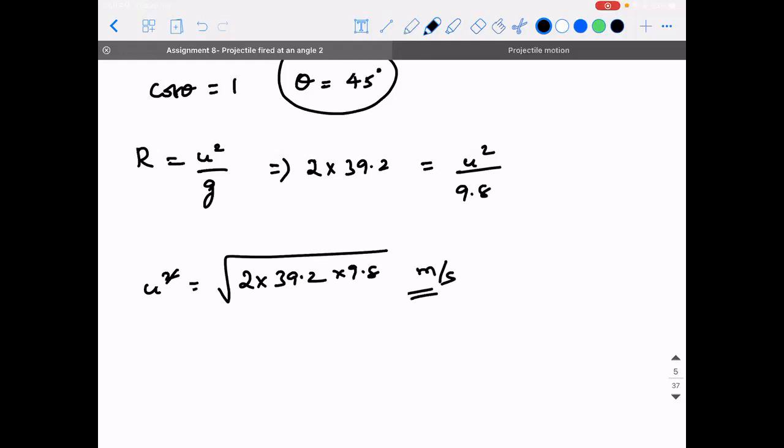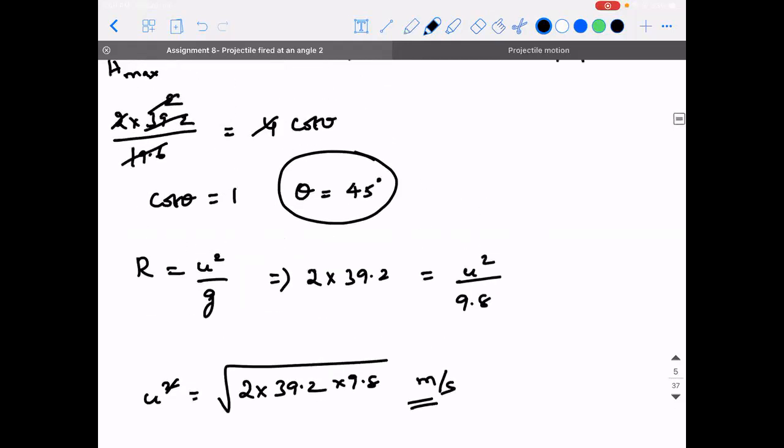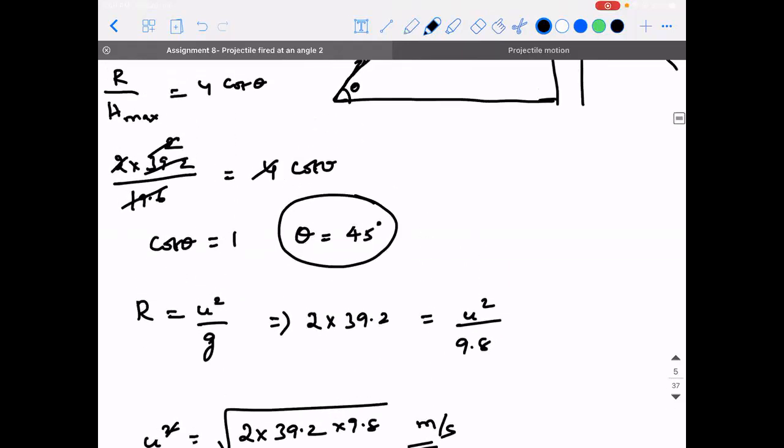Sir, then we don't need theta. If I didn't know that theta is equal to 45 degrees, I couldn't have applied this formula. Correct? Yes, sir.